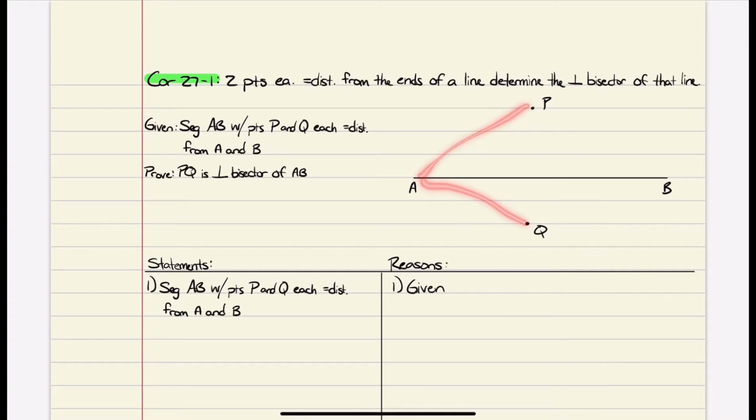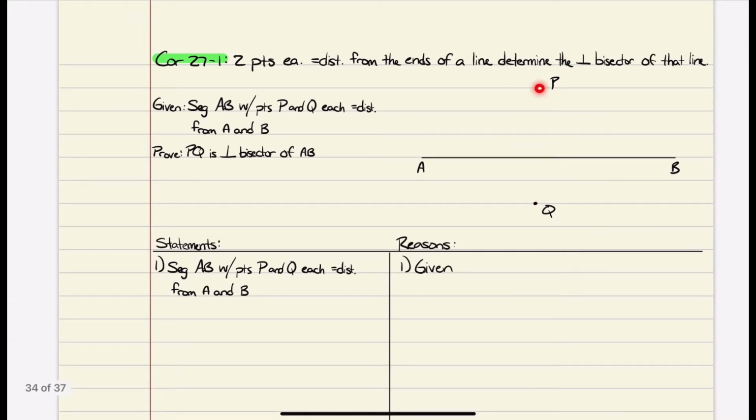P is also equally distant from the ends of this given line. So we're given segment AB with points P and Q each equidistant from A and B, and we're trying to prove that PQ, if we were to draw a line between P and Q, would be the perpendicular bisector of AB.